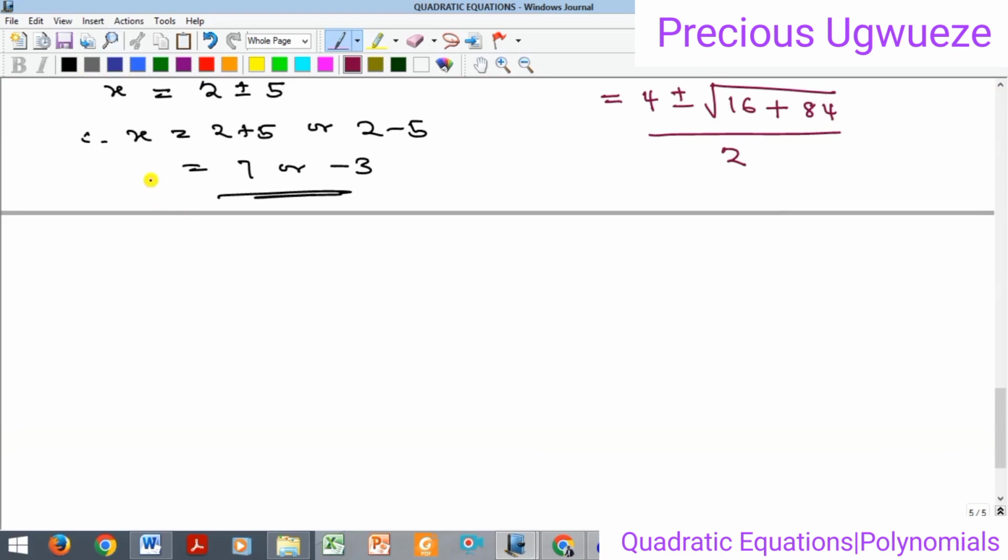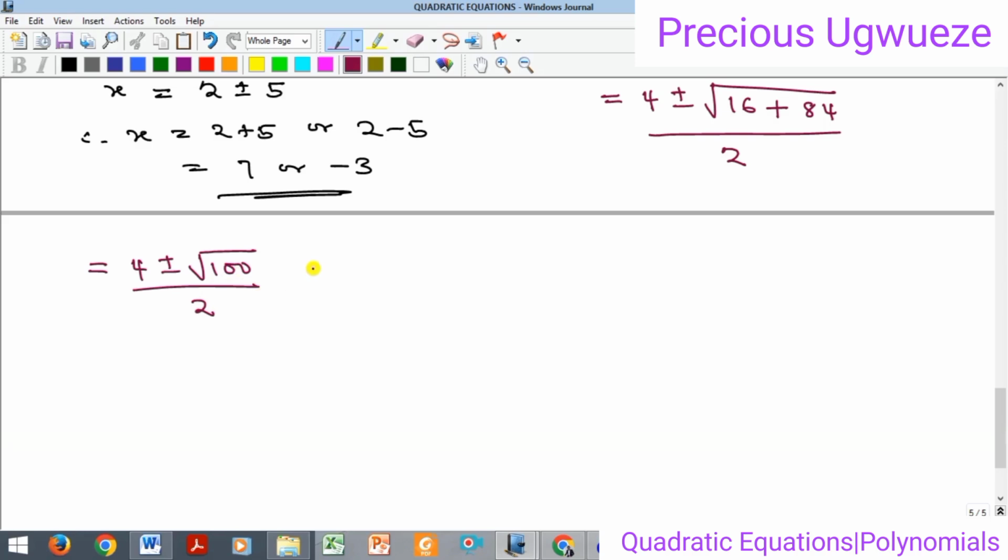So we have x equal to 4 plus or minus the square root of 16 plus 84, which is 100, so the square root of 100, all over 2.